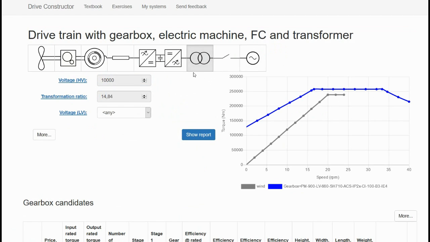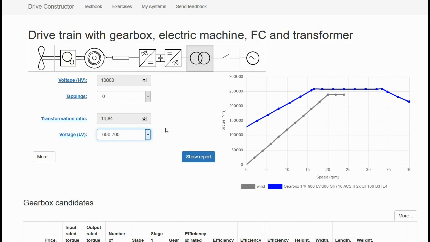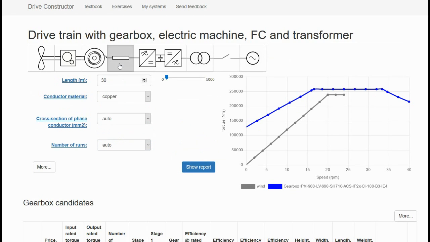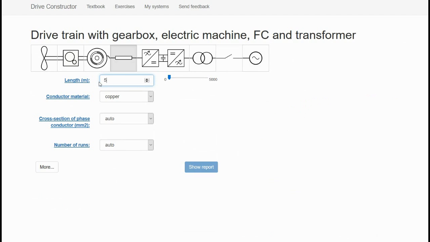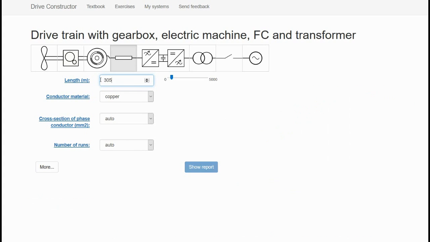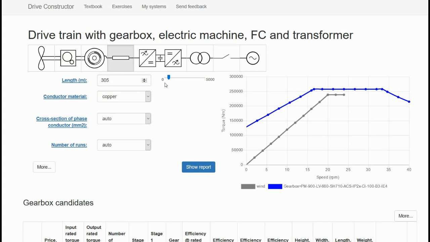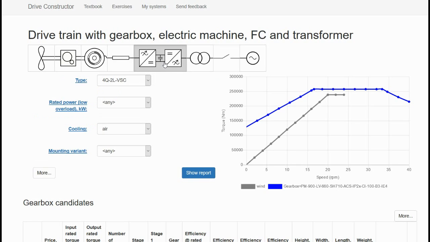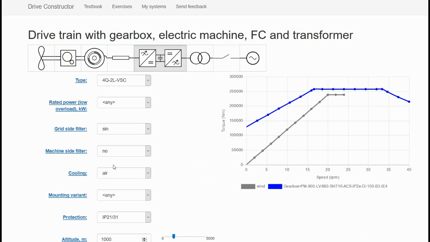We can then try to experiment with the voltage level of the frequency converter. It can be 690 volts, for example, and the cable can be quite short if all the components are in the nacelle and there are just a few meters between the converter and the generator, or can be longer, like 55 meters if the frequency converter is in the tower halfway, and it can be longer if it's in the container.